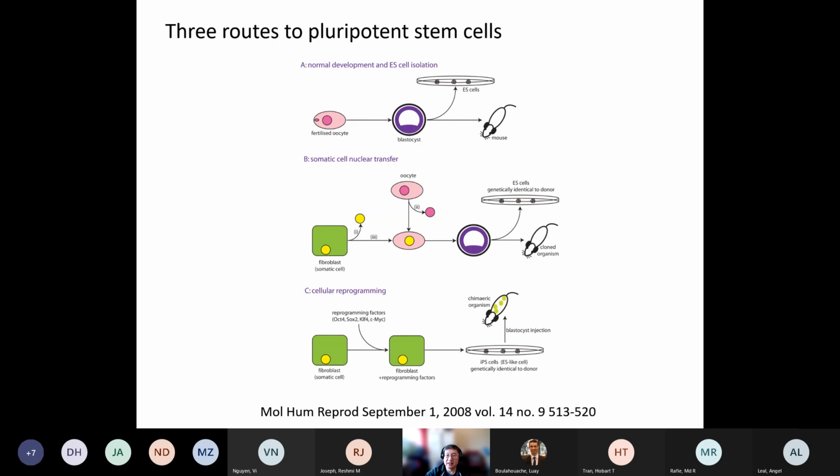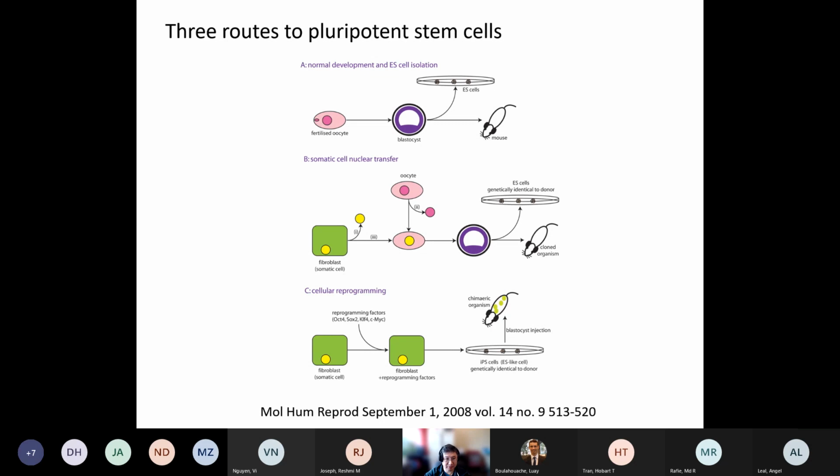And the third way is by just putting in some regulatory factors, not necessarily transcription factors, but at the beginning, Shen and Yamanaka used transcription factors. So you put a few transcription factors into a somatic cell, for example a fibroblast, and eventually, after a long process, those fibroblasts will give rise to some pluripotent stem cells.